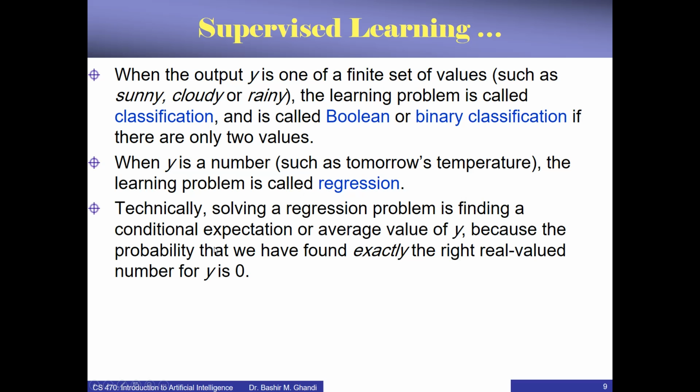Technically, solving a regression problem is actually finding the conditional expectation or average value of y, because you cannot in that case find the exact value of y. It is almost impossible to find an exact mapping from x to y if we are dealing with real numbers, for example.